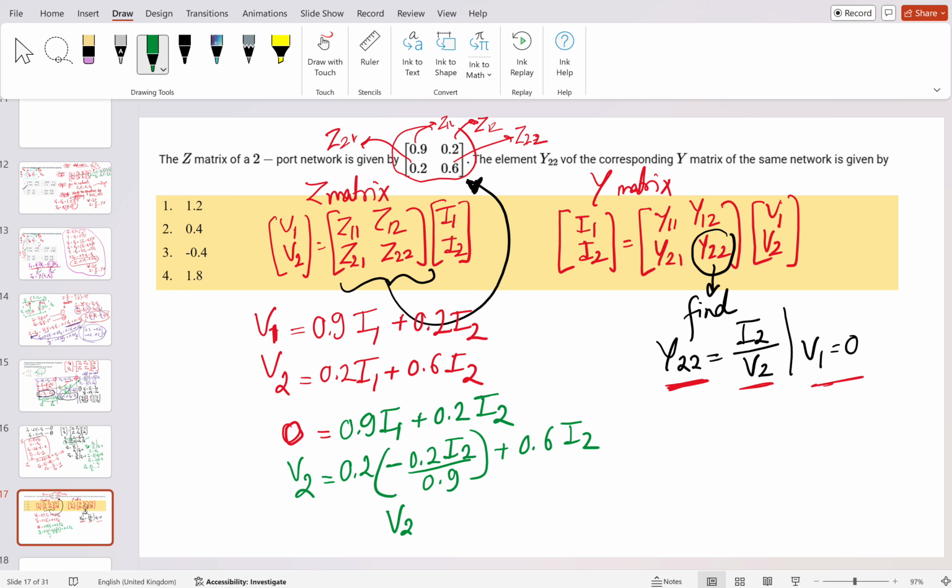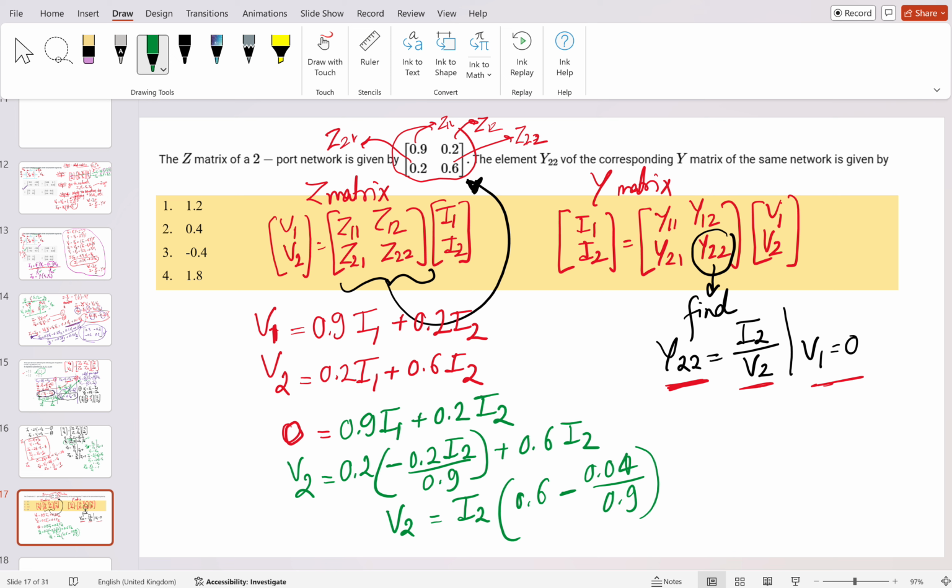Rearrange it, you will get V2 is equal to I2 times (0.6 minus 0.04 divided by 0.9). Let me find it out. What is the value? I think I'm getting some wrong value here.